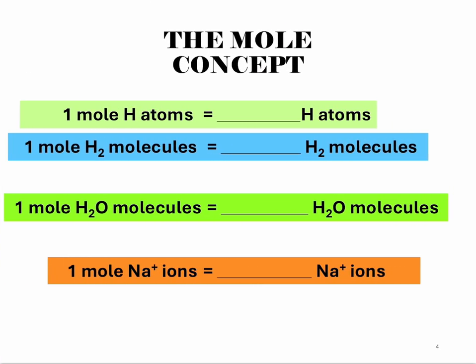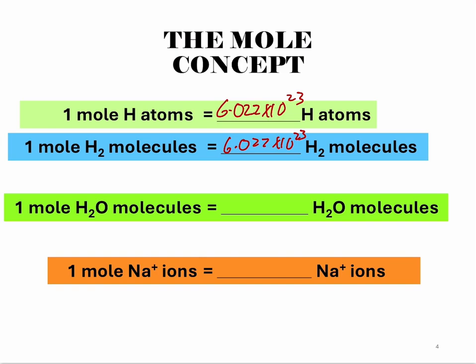And so if we have a mole of hydrogen atoms, how many actual hydrogen atoms do we have? 6.02 times 10 to the 23 hydrogen atoms. If we have a mole of hydrogen gas molecules, how many gas molecules do we have? 6.02 times 10 to the 23 H2 molecules.